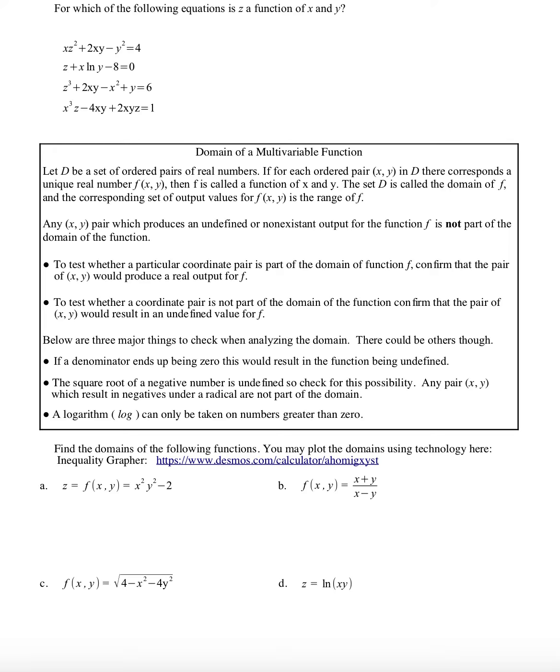Now we want to think about the same rules that apply to one variable functions and extend them to two variable functions. So you may recall, when it comes to a one variable function, let's take the example of y equals x.